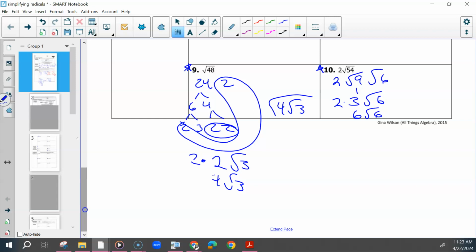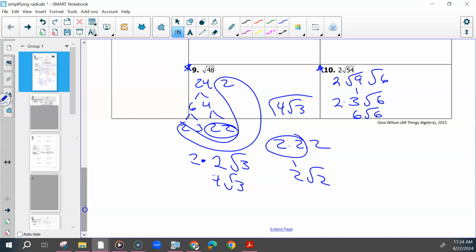Yes. If there were only 1 pair of 2s, you would only put 1 two outside. But what if there's 1 pair of 2s and then just a 2 on its own? It would still be just 2 outside, and the lone 2 would stay inside.